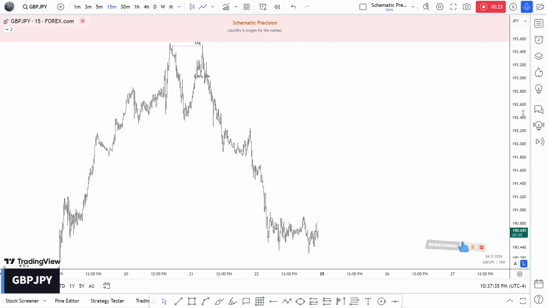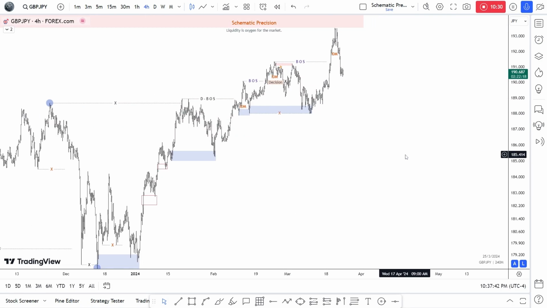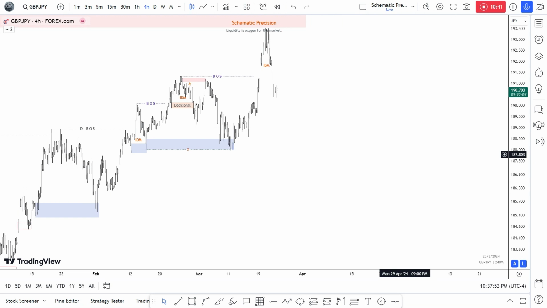So whatever is happening on GJ, everyone is expecting a huge down move on JPY pairs because of whatever BOJ is doing.